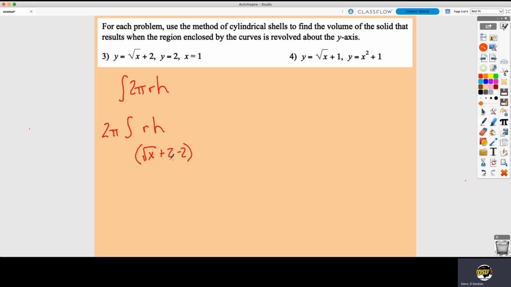All right, now, our h is constantly changing. It all depends on how quickly or slowly the square root of x is increasing. So because of that, our height is just whatever the variable is here. So that's going to be an h. Or I'm sorry, that's going to be an x.